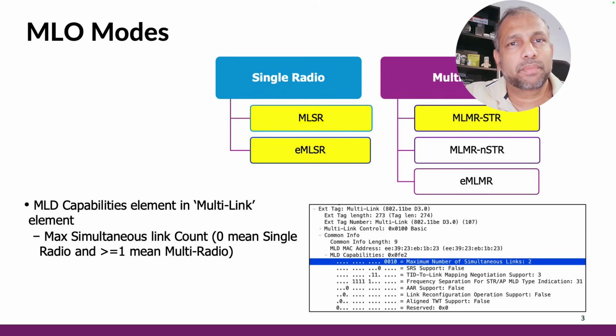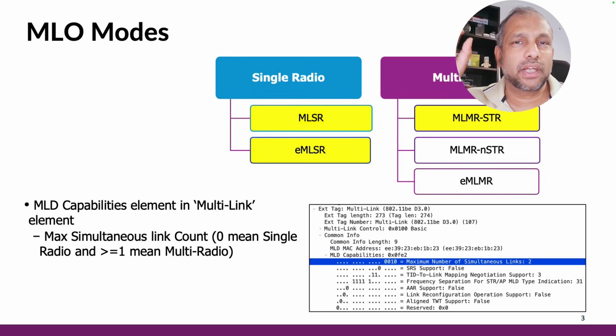From the client perspective, when the client sends the association request, the client discloses its capability. That means whether the client can support traffic going across two different links simultaneously, or can only do it across one link.